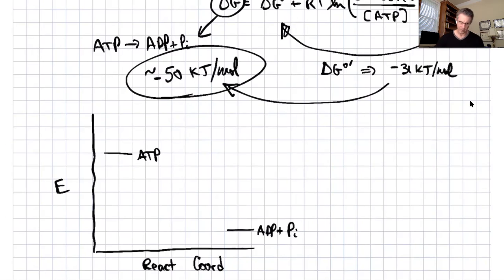Why on earth would you store all this energy you need in a molecule that is so fundamentally unstable? Minus 50 kilojoules per mole under cellular conditions. Why do that? It's thermodynamically unstable, right?